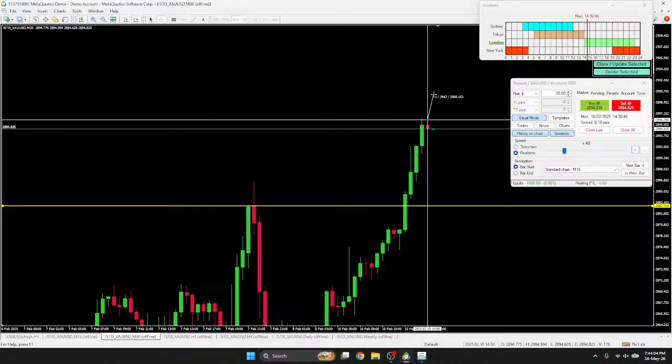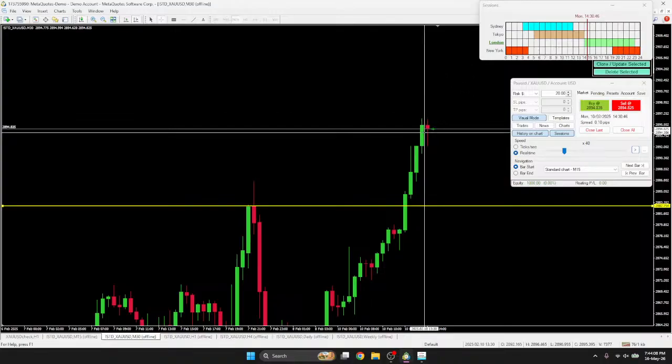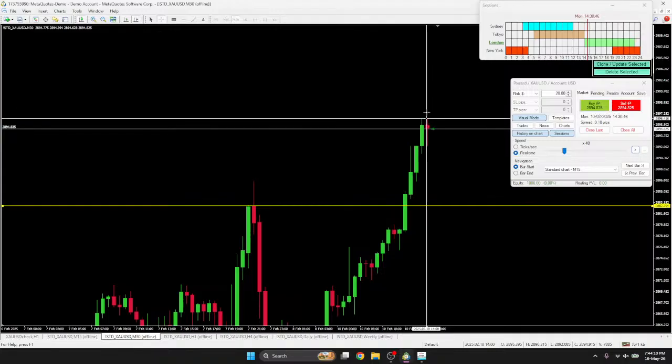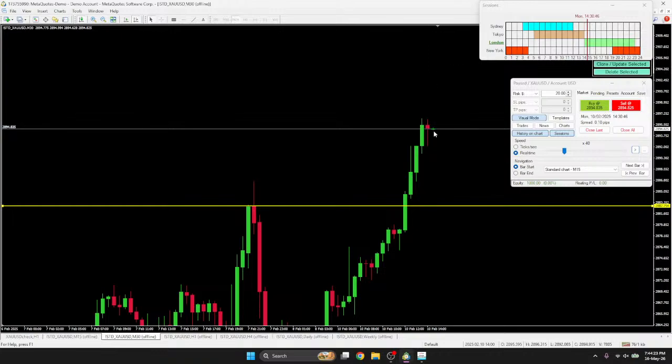Okay, 2900 and 2905. In this type of situation, I always watch that market move like 100 pips. It will touch like 2905 or 2904. There is high chance.